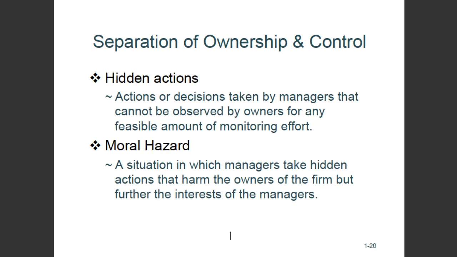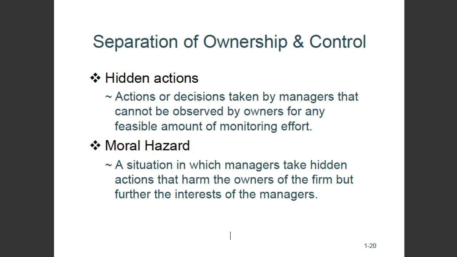So it's explained that there's hidden actions that the managers can take that can't be observed without a significant monitoring effort. So they could, with insider information on the firm, make deals for themselves with other firms, or they could just be looking out for themselves, making a plan to work for another firm.